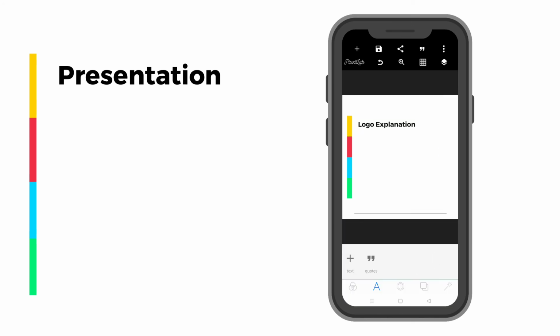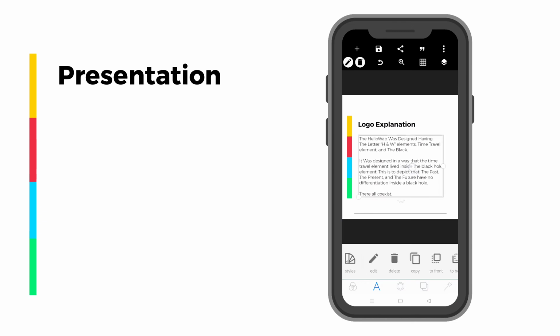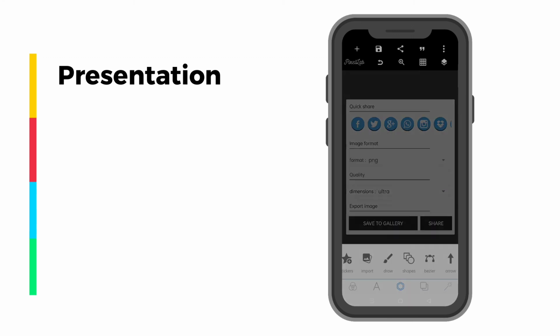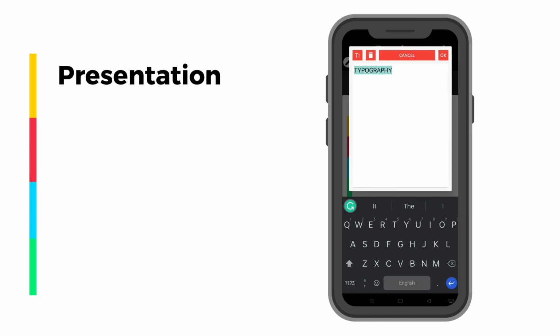And once I saved that, I thought it was about time I showed what the logo actually means. So this particular slide is just about what the logo actually means. And this slide is for the typography. I made it colorful just to add a sense of repetition of colors.